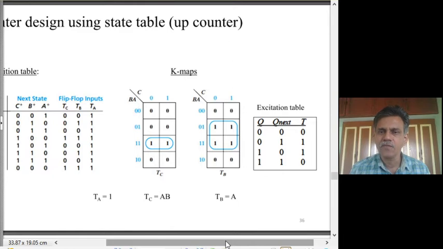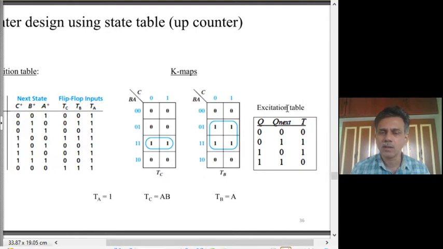In the case of the T flip-flop, there is only one input, namely T. The present state is denoted by the Q output of the flip-flop, and the next bit to be stored, we will denote as Q next or Q plus. So for each combination of Q and Q plus, we want to find the excitation to be given in the T input to make this transition possible.